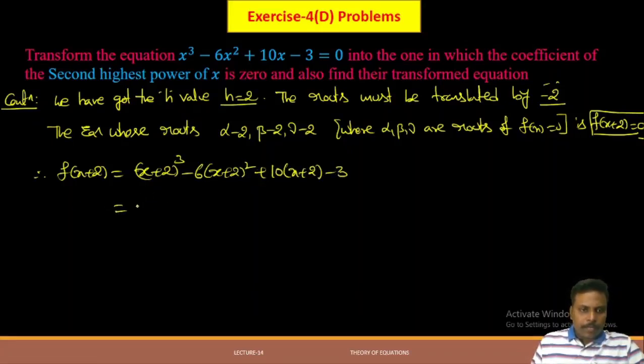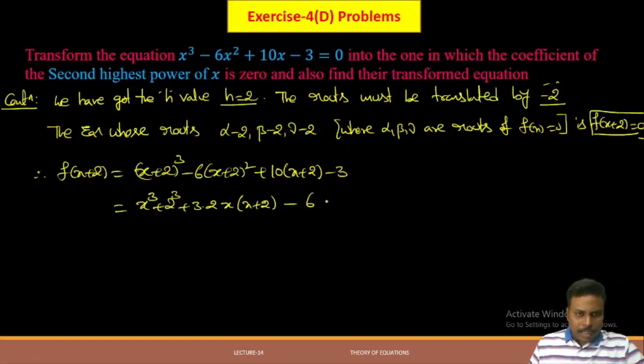So this is x cube plus 2 cube plus 3 into 2 into x into x plus 2, minus 6 into x square plus 4x plus 4, plus 10x plus 20 minus 3.